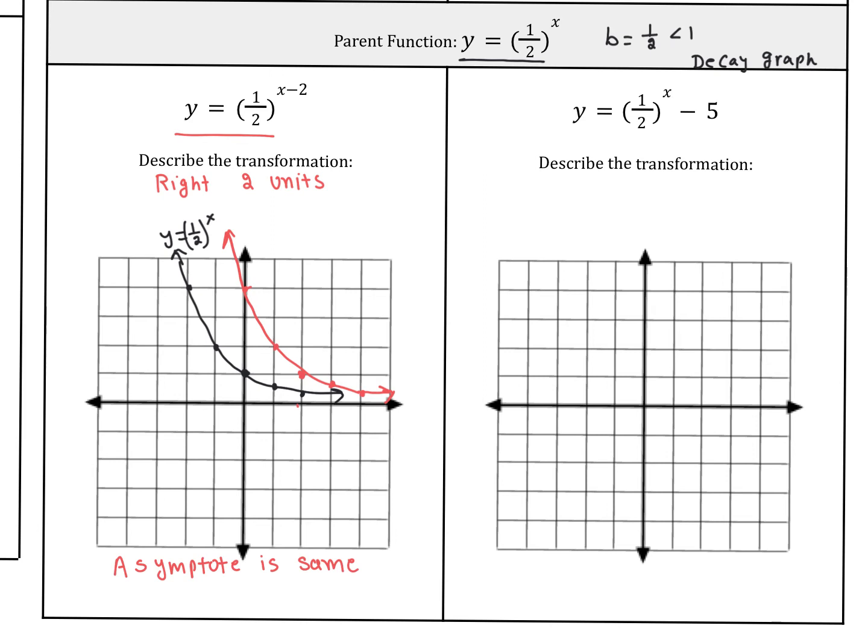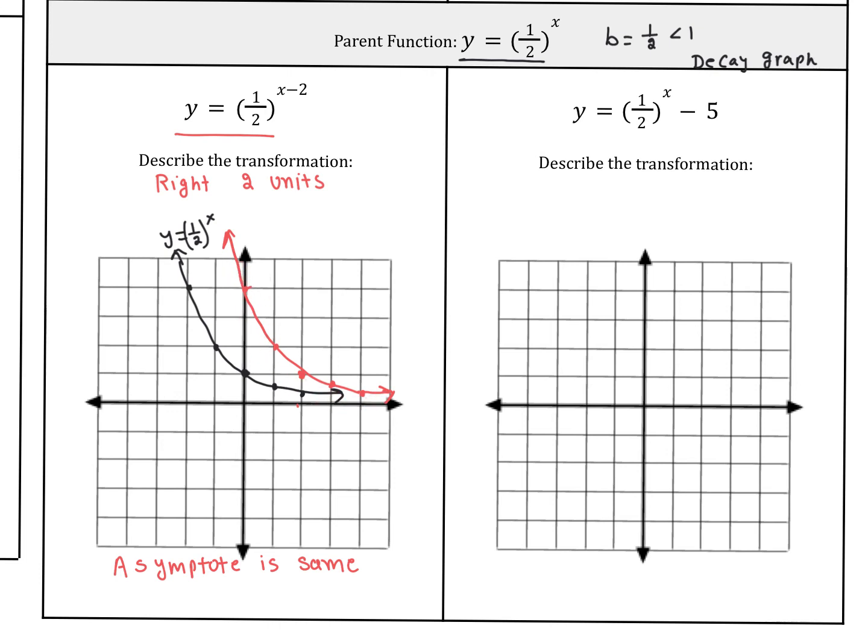So the asymptote line, which is this line right here, is the same, because if you move this line 2 units to the right, it is still going to be the same line. If you move this line 2 units or a few units to the left, it is still the same line. So the transformation is right 2 units, and this is our new graph.